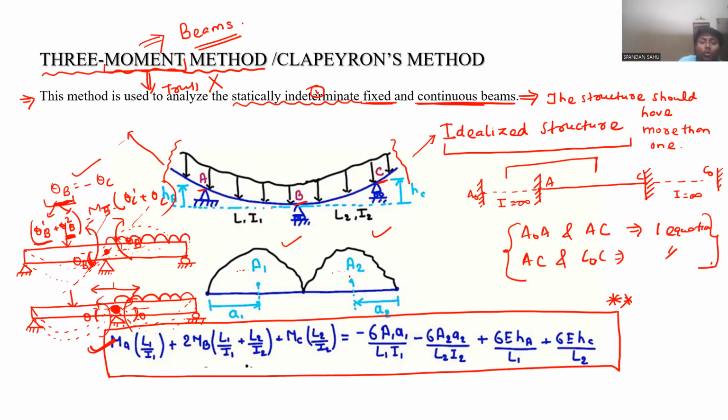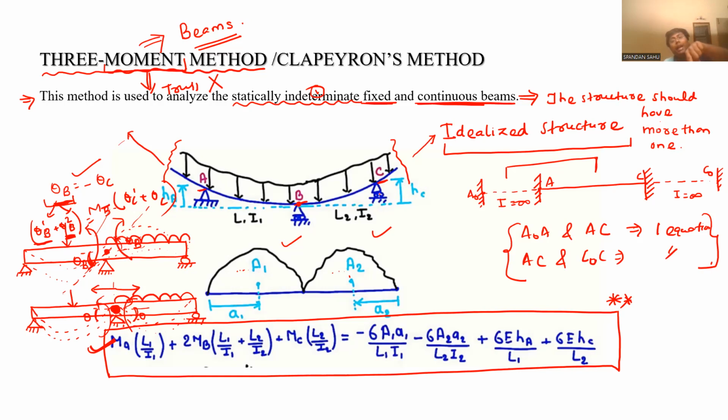We will consider, initially A, B, C were at the same height. Now this mid support got settled down by some amount, such that if you consider B as your datum, then A is elevated by HA and C is elevated by HC.